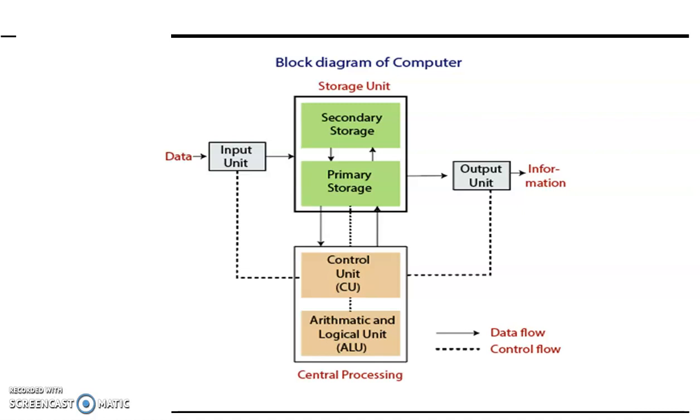Input unit accepts data from various input devices and passes it to the computer for further processing or directly to store in your storage unit. So what does input unit do? The first function is to retrieve information from the external world. The second function of an input unit is to convert human readable data to a computer understandable form, that means in binary form.